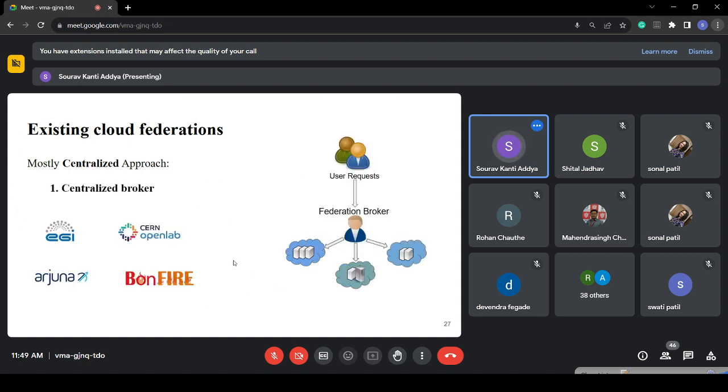There are certain centralized brokers, and these are a few examples of those providing this kind of centralized, broker-based federation system. User requests generally come from across the globe to the broker, and the broker will divert each incoming request to different providers.